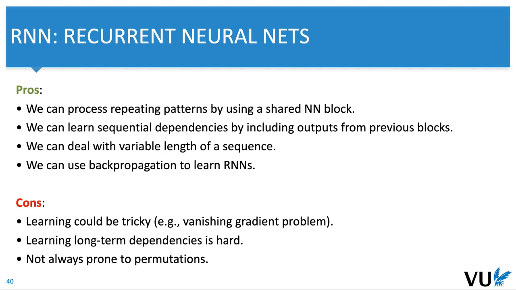What are the pros and cons? With the simplest recurrent neural network architecture, we can process repeating patterns by using a shared neural network block. This block could be a deep neural network by itself, so it could be any architecture there. Another thing is that we can learn sequential dependencies by including outputs from previous blocks.